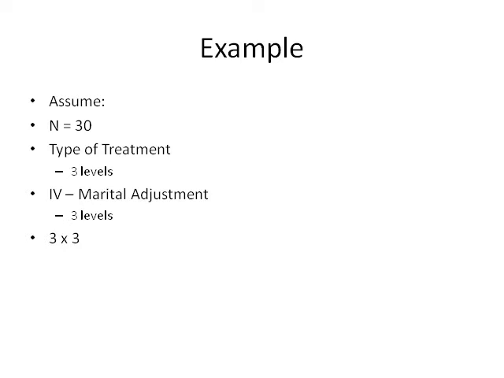Thus our research design would be expressed as: what is the effect of treatment and marital adjustment on depression or BDI scores? Thus we would have 2 independent variables, type of treatment with 3 levels, and marital stability with 3 levels. We could then use a 2-way 3 by 3 factorial analysis of variance to analyze the results.